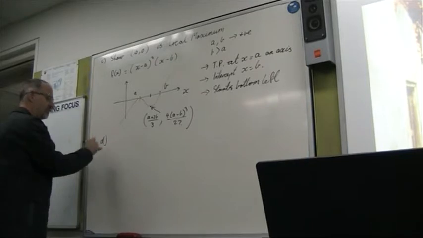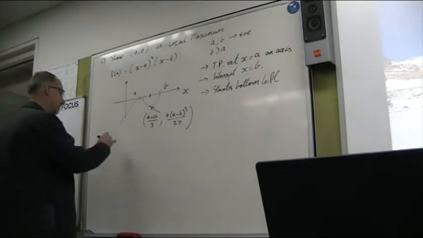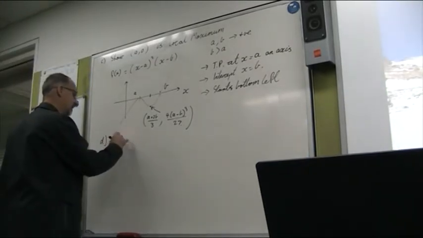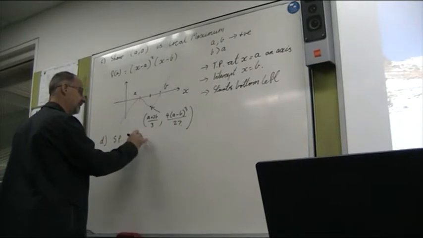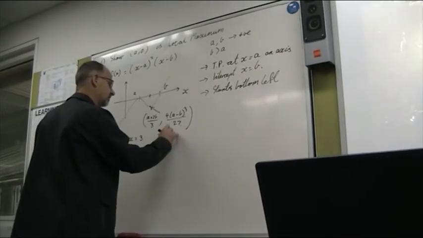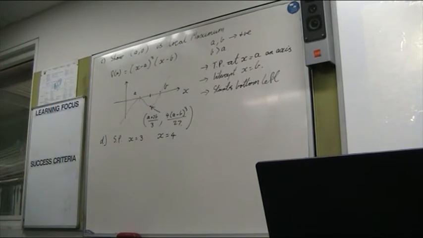So we know we've got stationary points when x equals 3 and x equals 4.